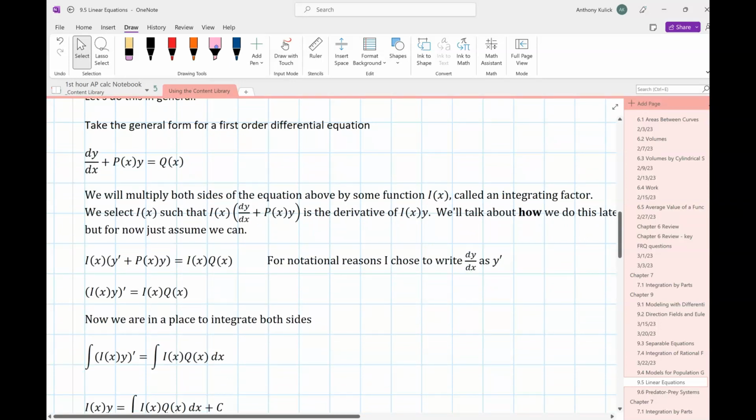So what we're going to do is multiply both sides of our first order linear differential equation by some function I of x. We call that function the integrating factor. We're going to pick that function I of x such that I of x times the left-hand side is just the derivative of I of x times y.